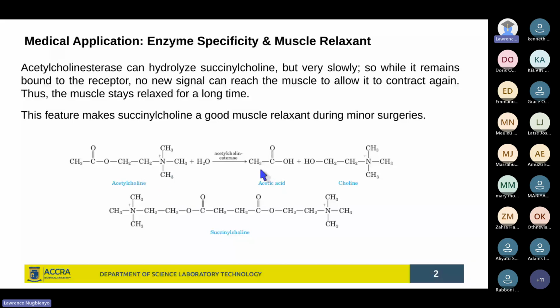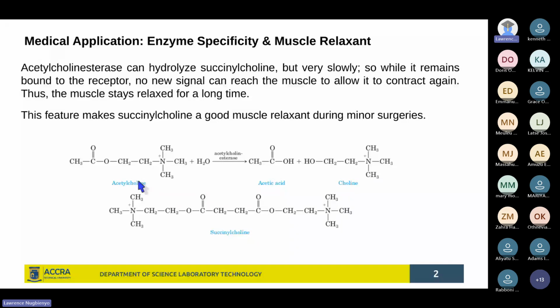So acetylcholine breaks down into acetic acid and choline. That way, acetylcholine eventually leaves the receptors of the muscle cells, so that the muscle cell is ready to receive another signal from another molecule of acetylcholine to contract again.